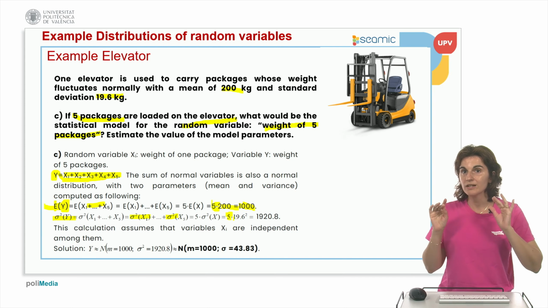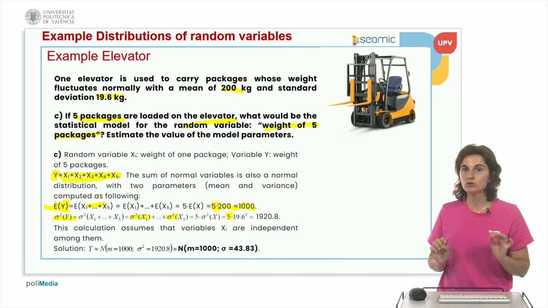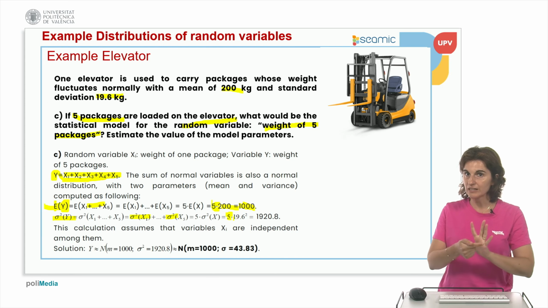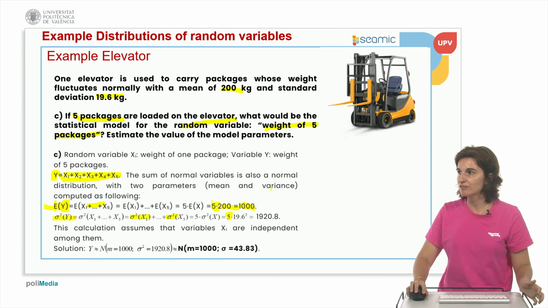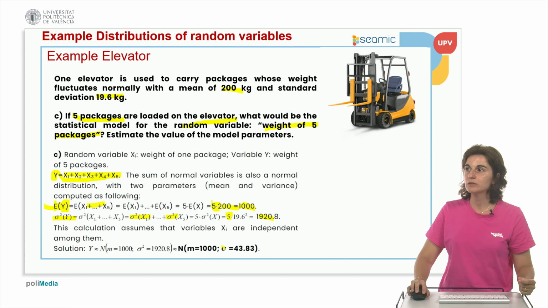In the end, what we are doing is adding 5 times the variance of the packages. So this is a variance of 1920, and if you obtain the square root of this value, you will obtain the standard deviation.